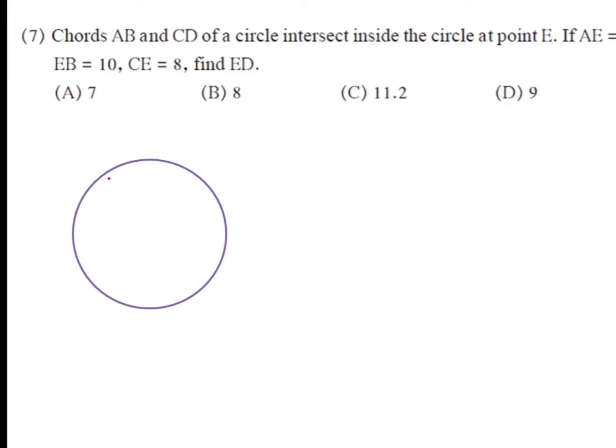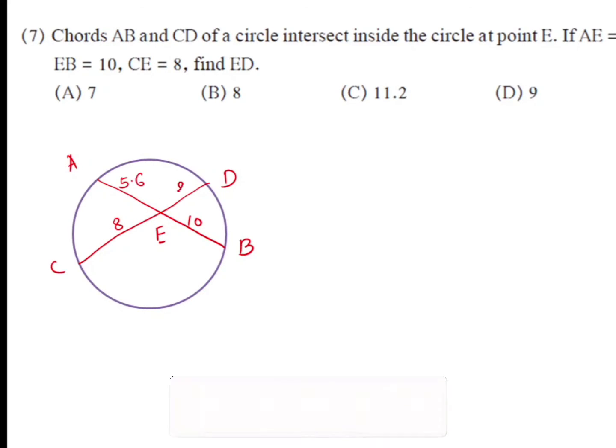And it is given that there are two chords AB and CD which intersect inside the circle at point E. So let us have this chord AB and chord CD which intersect each other at point E, which is inside the circle. Now the length of AE is given 5.6, BE, that's EB, is also given, that's 10, CE is 8, and from that we have to find ED.